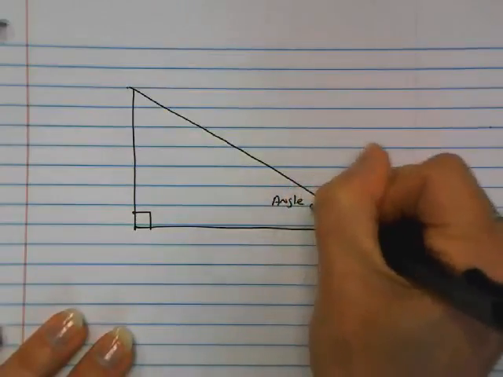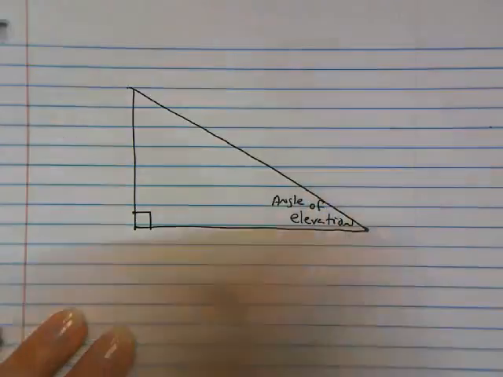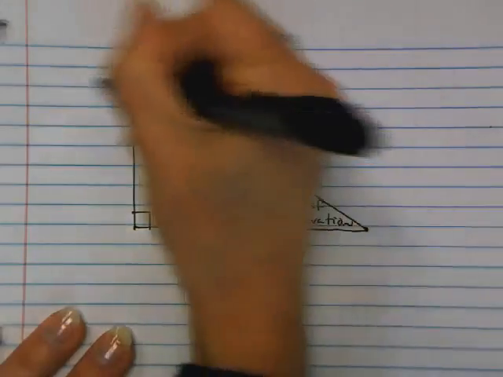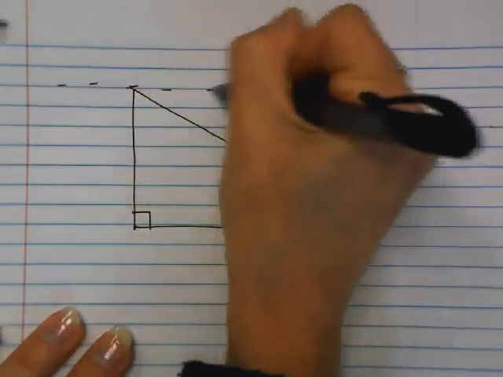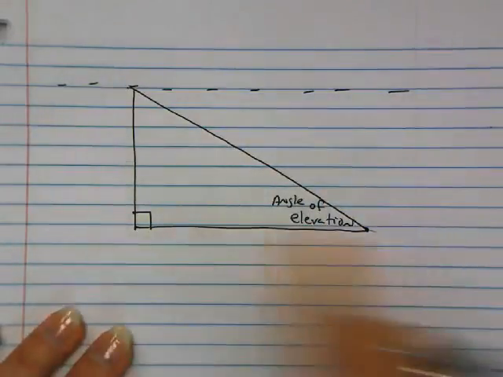Now the angle of depression is actually not in our triangle. So, I have two parallel lines, the ground and the horizon, let's say. The angle of depression is out here.